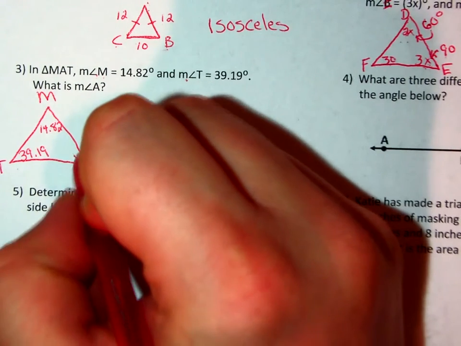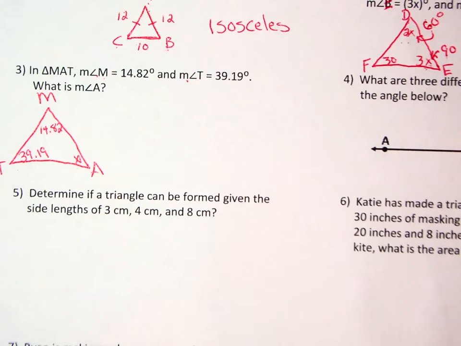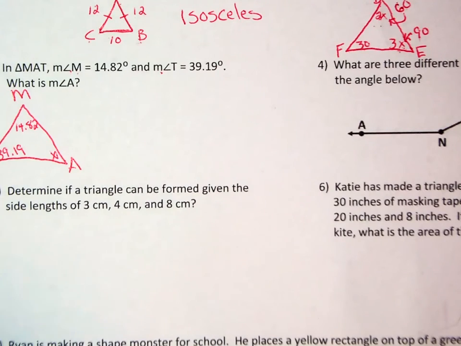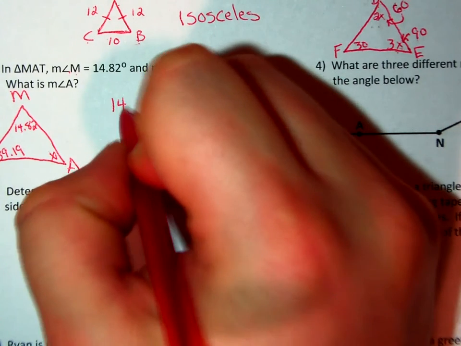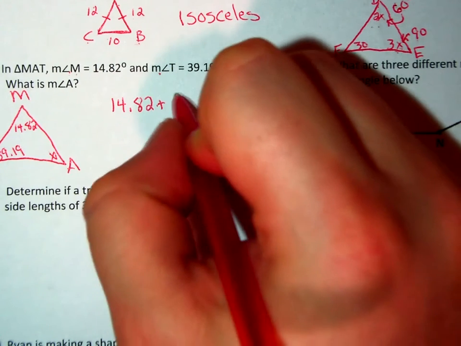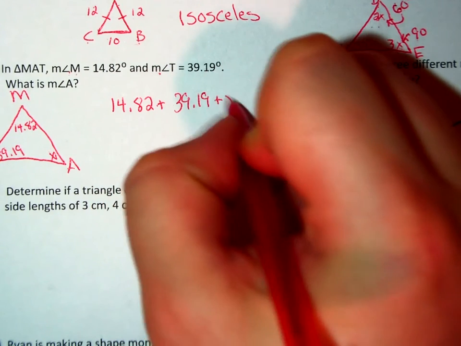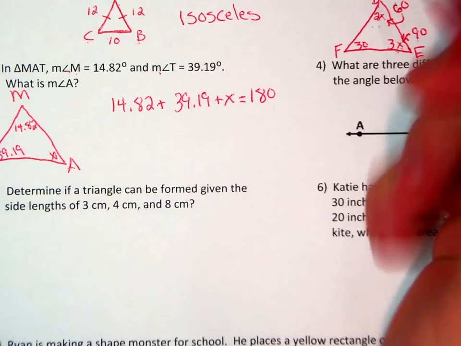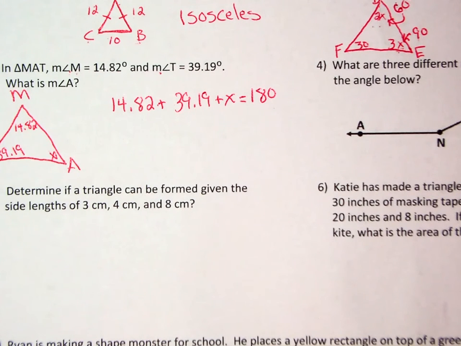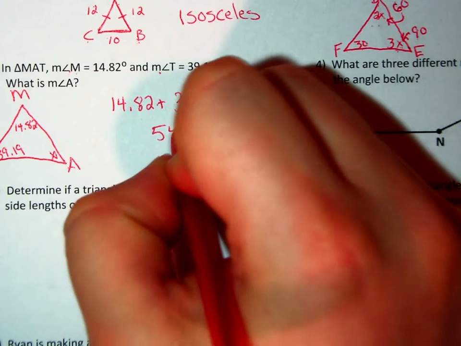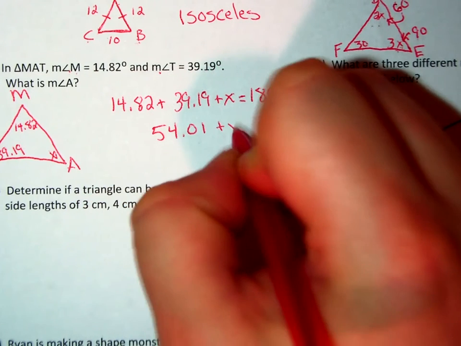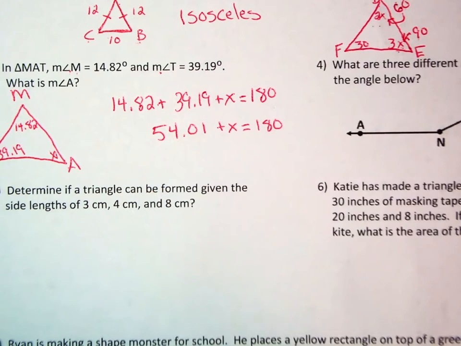So now I'm looking for the measure of this third angle, angle A. So I know that 14.82 plus 39.19 plus x has got to equal 180 degrees. 14.82 plus 39.19 is 54.01 plus x is equal to 180 degrees.